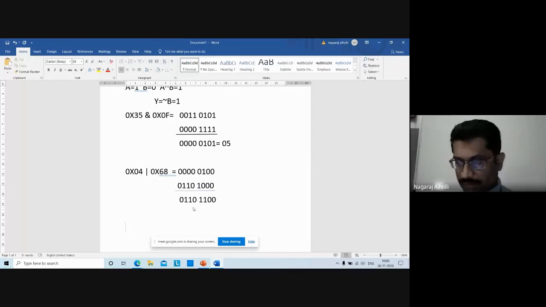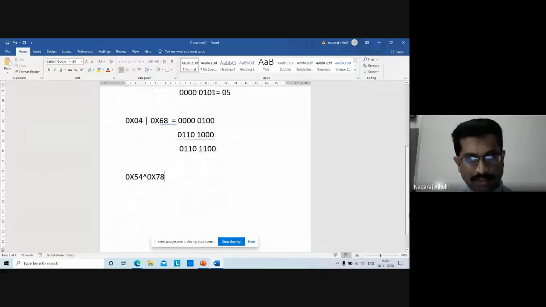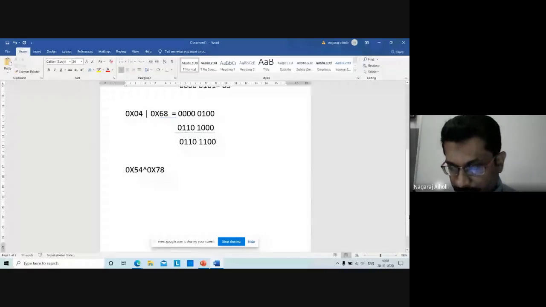Next, we'll perform the XOR operation. 0x54 XOR with 0x78. Do this and tell me how much you'll get. Write 54 in binary first, then write 78 in binary, and perform the XOR operation bit by bit.